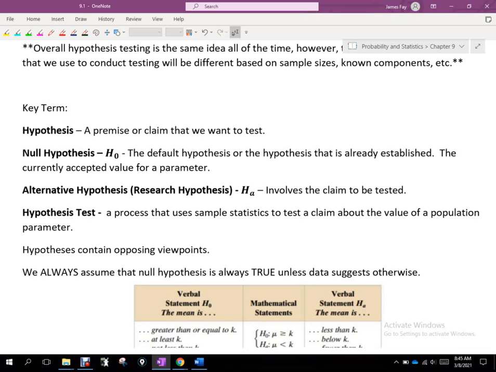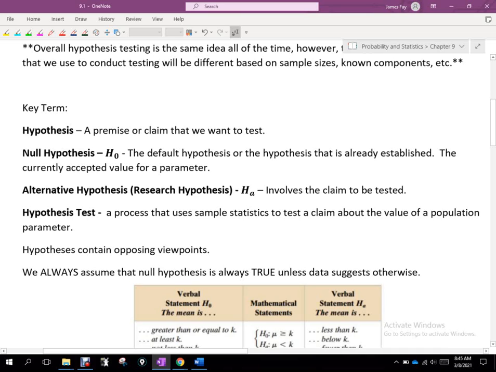Once our sample data says you can no longer accept this null hypothesis, until then we will always accept it. We'll always say it's true until otherwise realized. Does that kind of make sense?